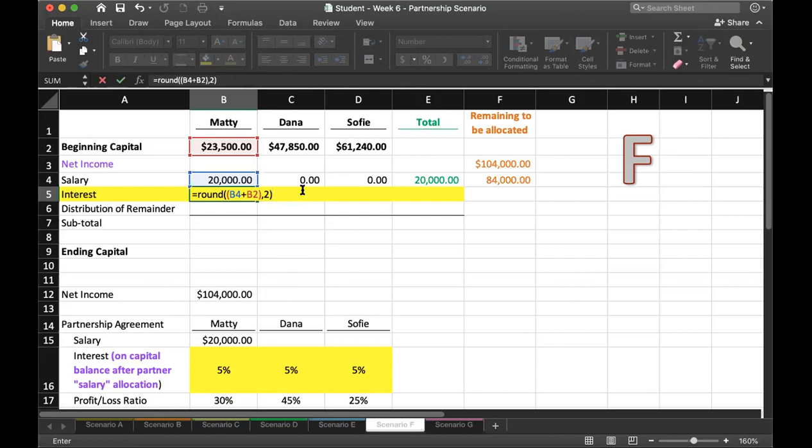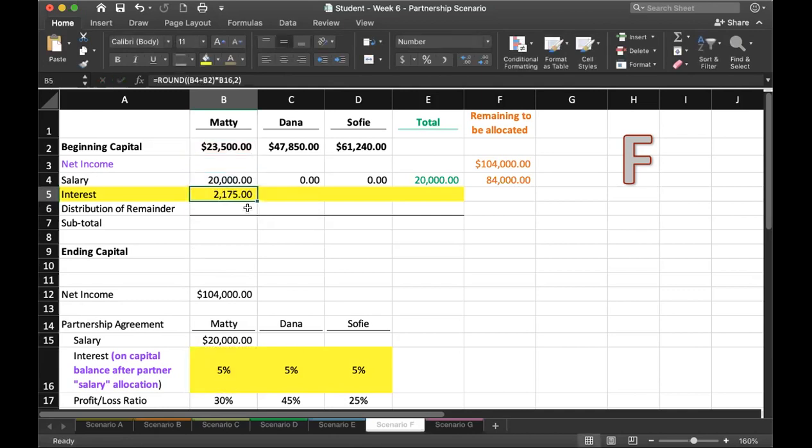Okay, so that's not quite right because I need to multiply this by the interest rate. So we have the balance after the salary allocation, which is B2 plus B4, and all of that multiplied by the rate of 5% and rounded to 2 decimal places.